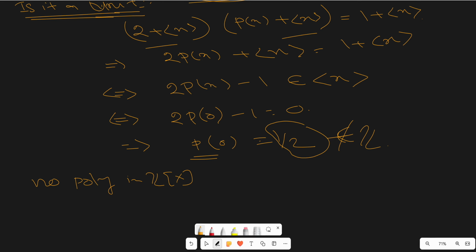The constant term cannot be half because you are in Z[X], and half is not a member of Z. So no polynomial in Z[X] takes the half value.